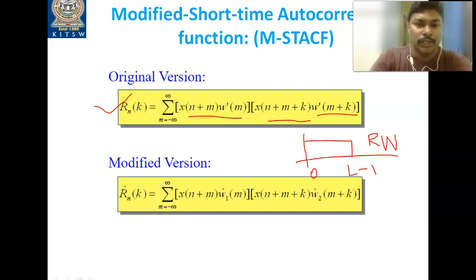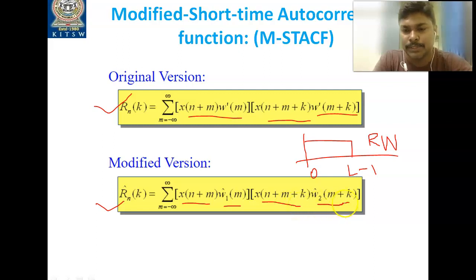Now coming to today's discussion on the modified version. What is the major difference you can observe in the mathematical expression? I call this Rn cap of k, equal to the summation of x of n plus m into w1 cap of m into x of n plus k into w2 of m plus k.